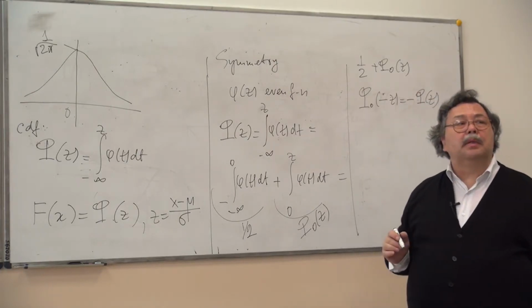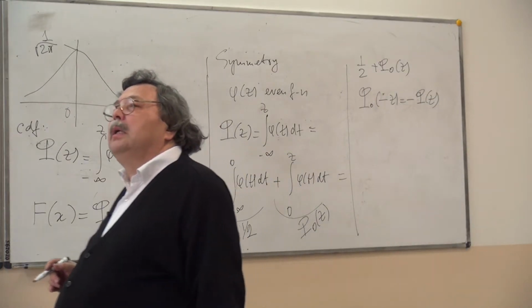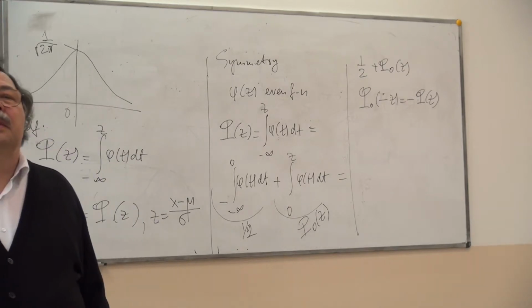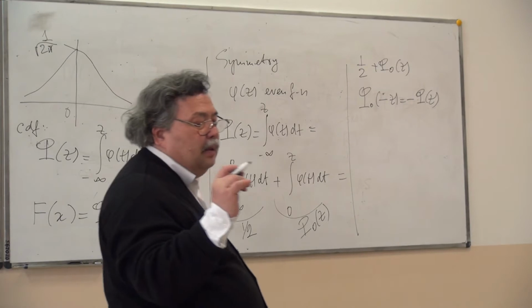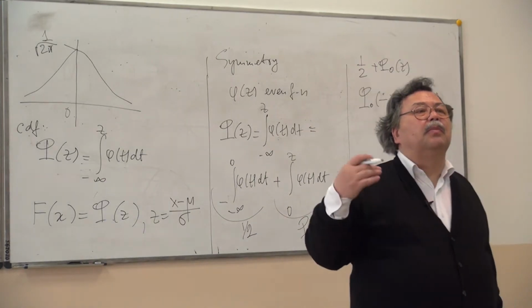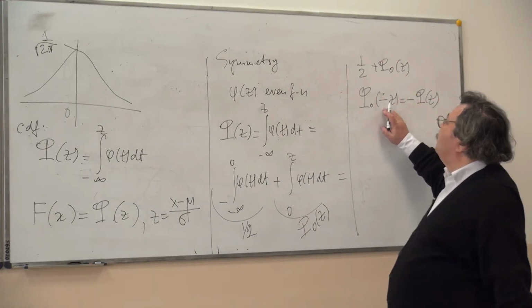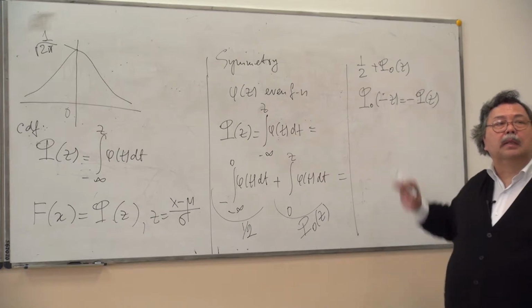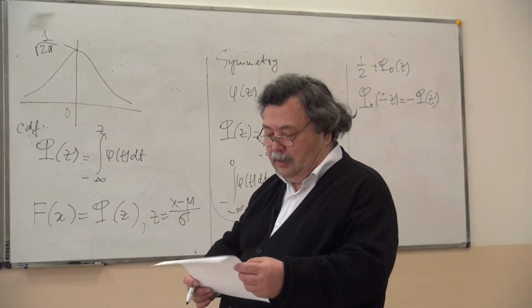So when tables were widely used on a regular basis, it's enough to develop a table for positive values of z alone, and then if we need a value for negative z, we can use this formula that says that Phi 0 is an odd function.